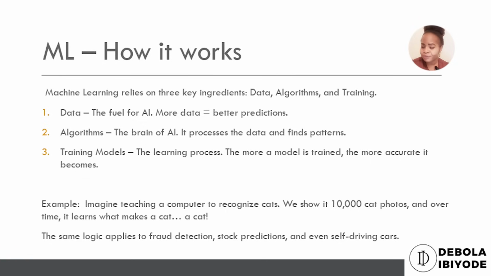I want us to keep on machine because it's a machine learning ingredient. It's the algorithm that helps the machine identify patterns in data and relationships between the patterns in the data. So the second key ingredient again is the algorithm, and see that as the brain of the AI.